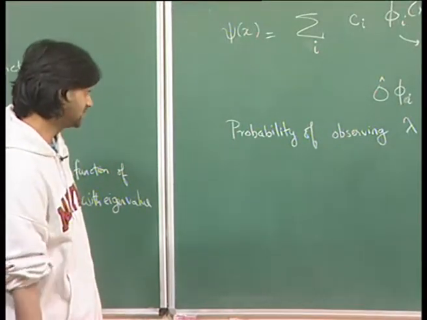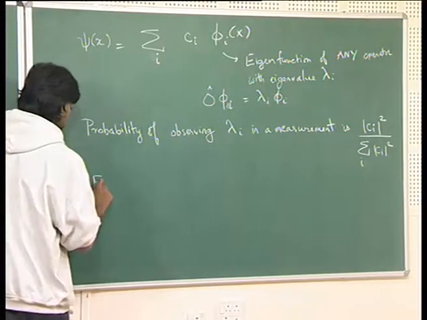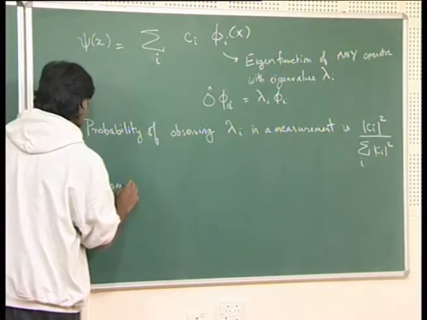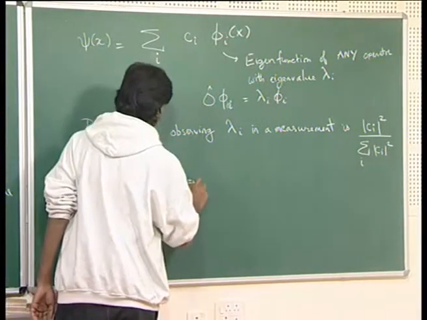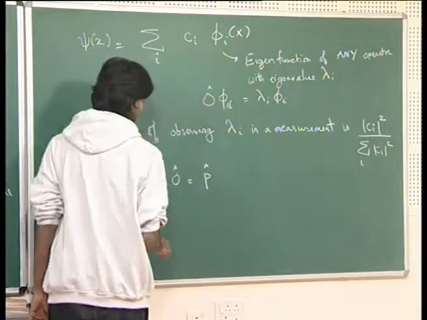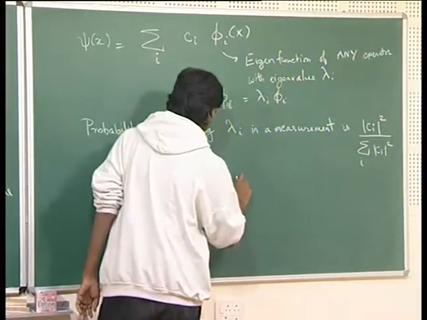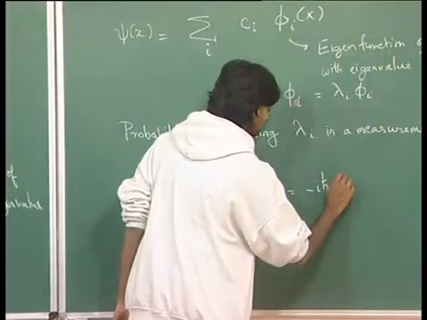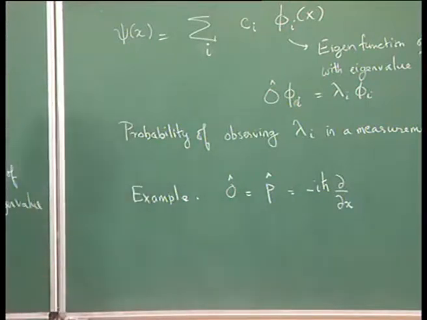Okay. So, let us look at a specific example of this. Let us take the operator to be the P operator in one dimension. I will use P, this is minus i h cross d by dx. So, that is the form of the operator.